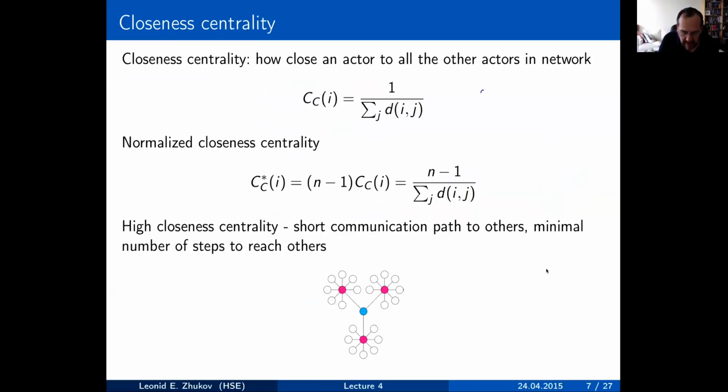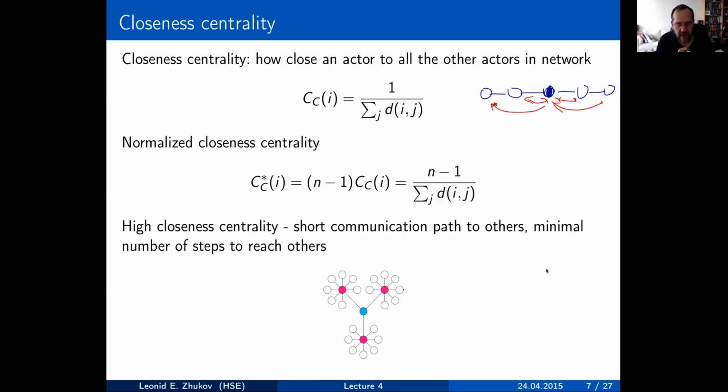When we looked, for example, at this line graph, and we said that this node is probably the most central node in the graph, we intuitively thought about the distances from this node to all the other nodes in this graph: distance to this node, distance to this node, distance to this node. And formally, this intuition can be converted into the following formula.